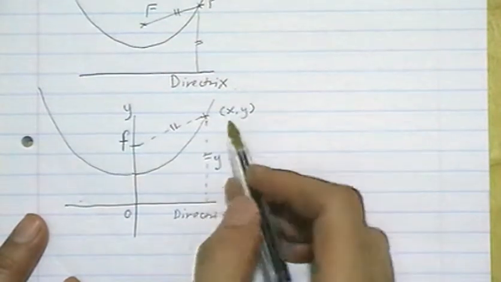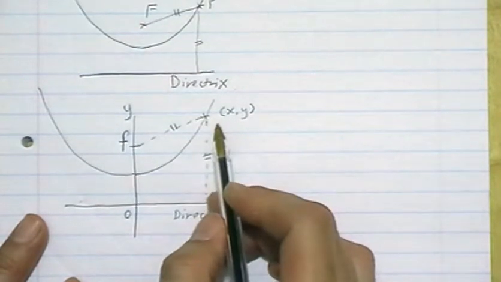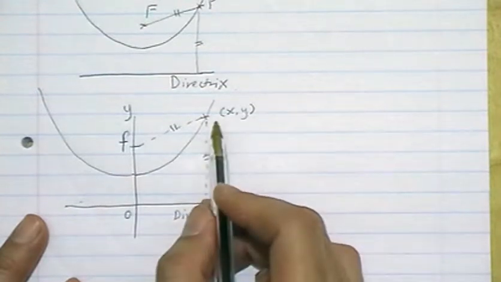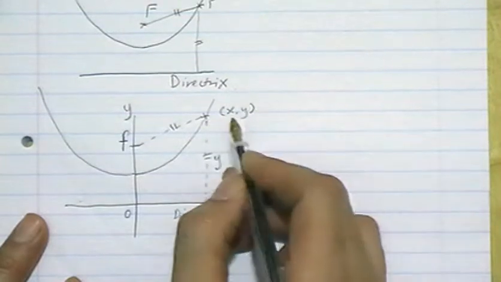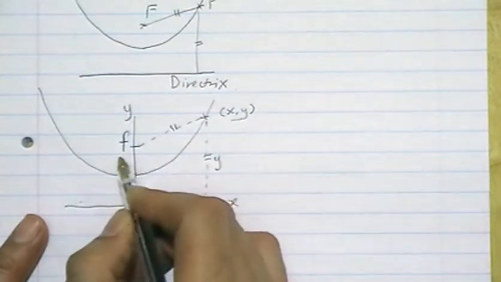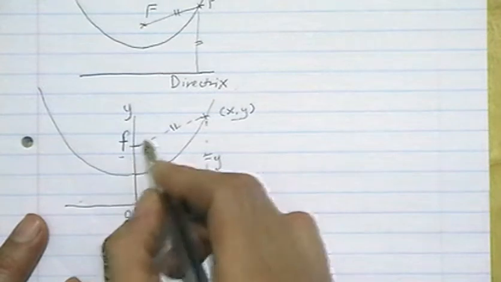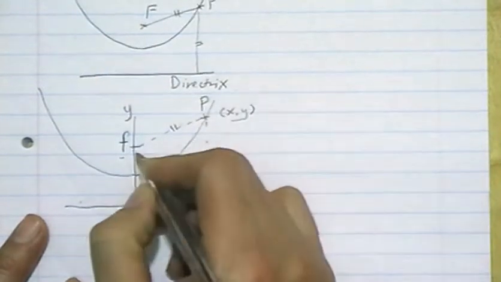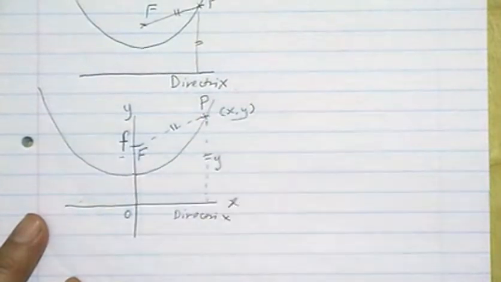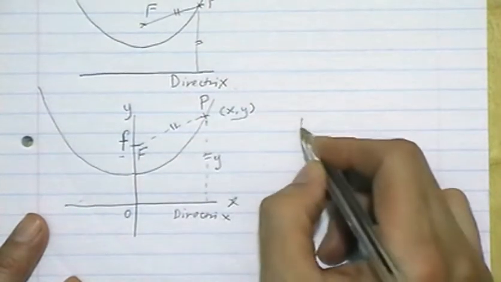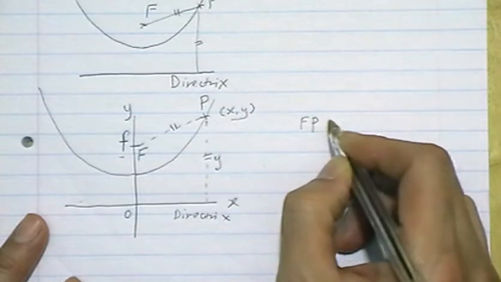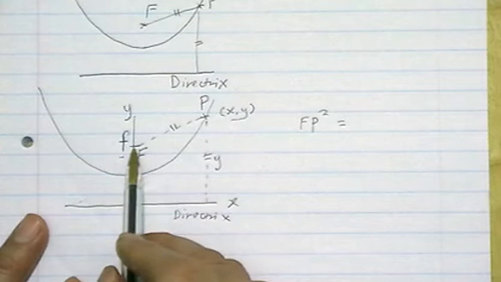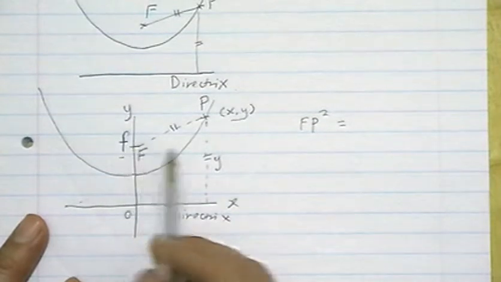Okay, now using Pythagoras theorem, we know that if this point is (x, y), this point is F, then this distance, I should call that FP, FP squared is equal to, I can use the Pythagoras theorem.